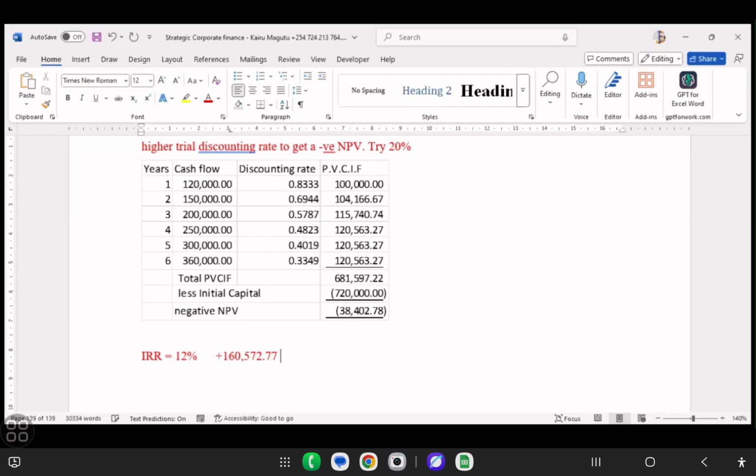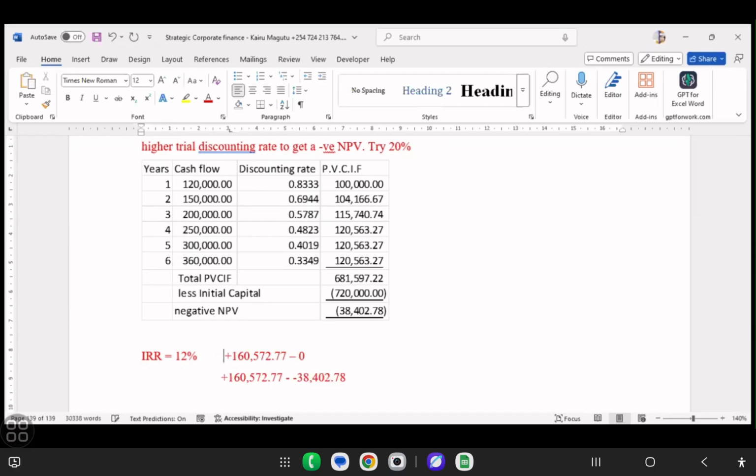There, minus 0, divide by this, another positive, that minus negative, so minus negative 402.78.